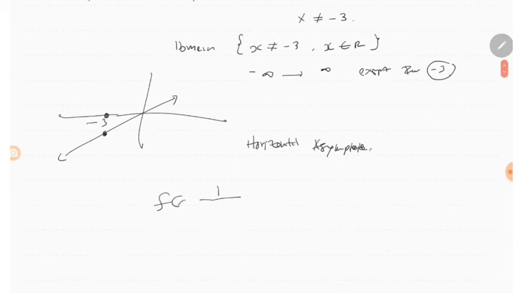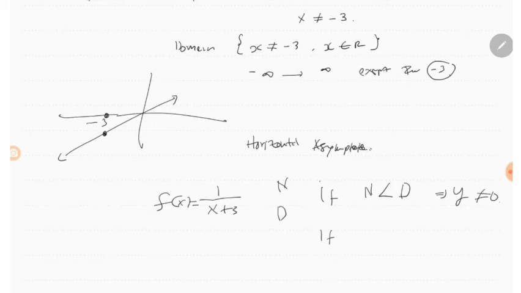Our f(x) is 1 over x plus 3. You look at the power of the numerator and the power of the denominator. If the power of the numerator is less than the denominator, the horizontal asymptote is y equals 0.